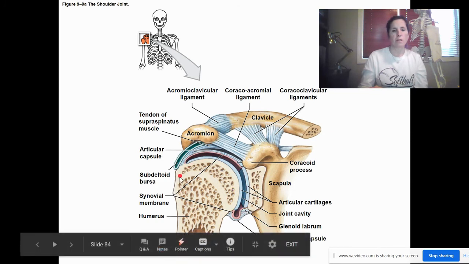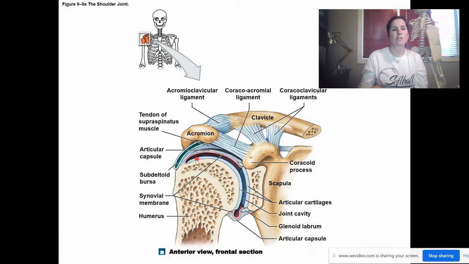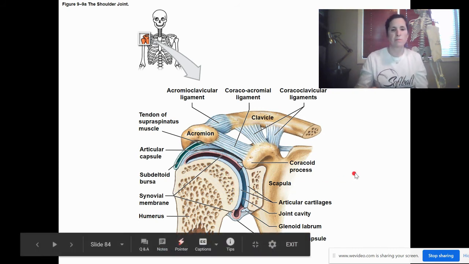So you can see how the head of the humerus is fitting into the joint capsule. And you can see all the different ligaments and muscles. Here's your acromion, and that you had to learn. We didn't make you learn the coracoid process, but that's on the scapula too. And you can see there's the coracoacromial ligament. All right, so it helps stabilize the joint.